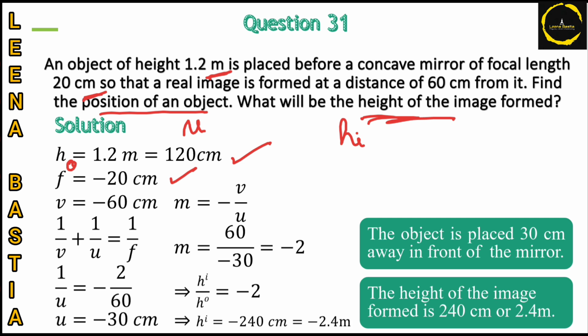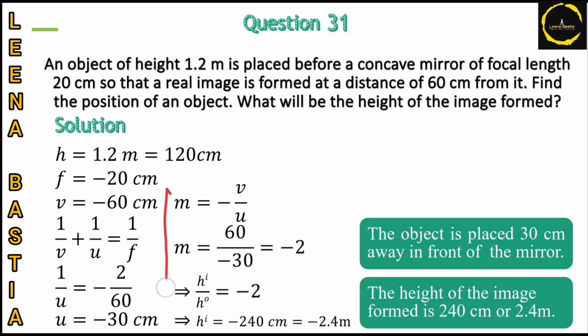V is what? It is a real image, so I have to use the negative sign here. So minus 60 centimeter is given. This is the mirror formula. In the mirror formula we substitute the values of f and v, and we get u as minus 30. u has to be minus always. So your calculation is quite clear from this.